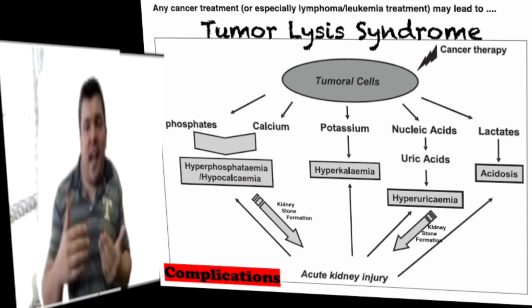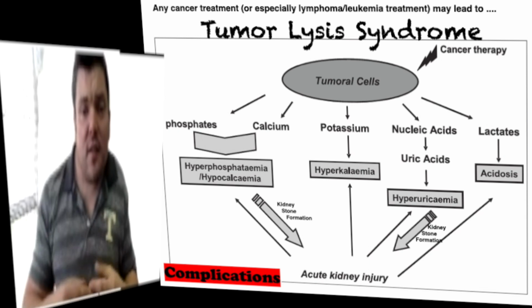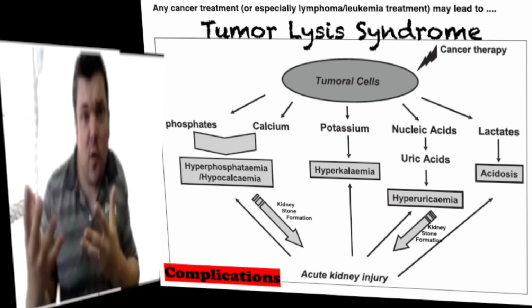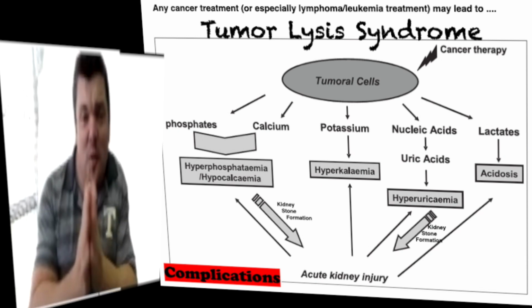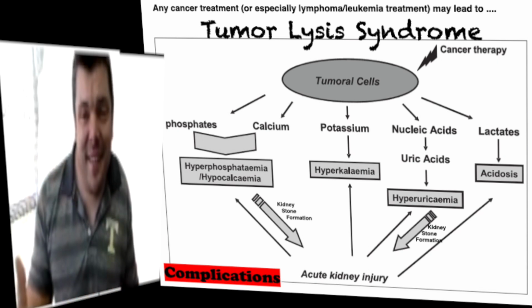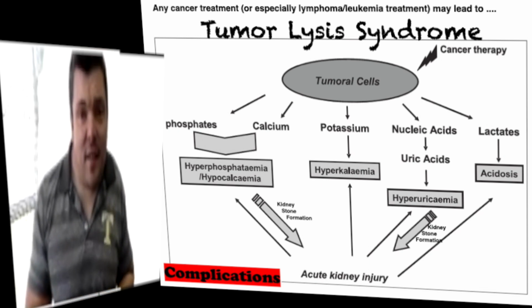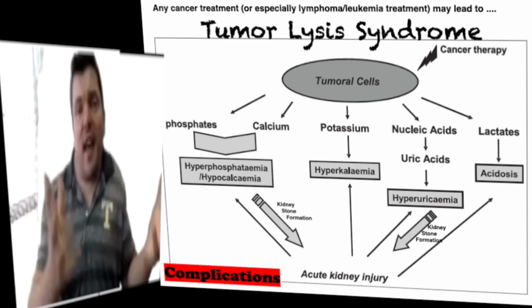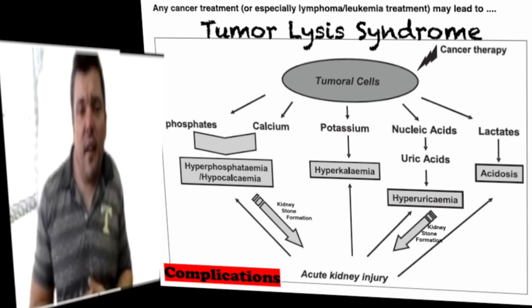Excessive nucleic acids break down to release uric acid. High blood uric acid levels can also become uric acid stones and can also contribute to kidney injury. In addition to that, lactate can become collections of lactic acid, and your patient can become acidotic as well.